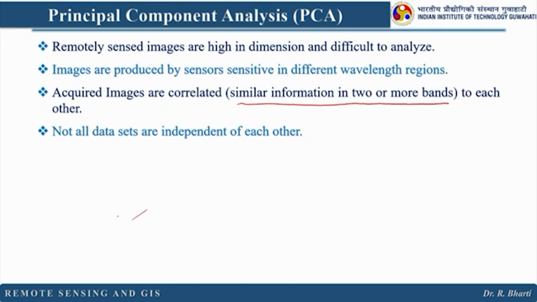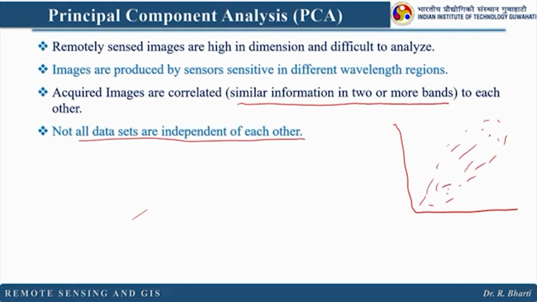And not all data sets are independent of each other. So if you plot band 1 versus band 2, you will find it is coming like this. The DN value of band 1 and the DN value of band 2, if you plot them, basically we are starting from green and then red.